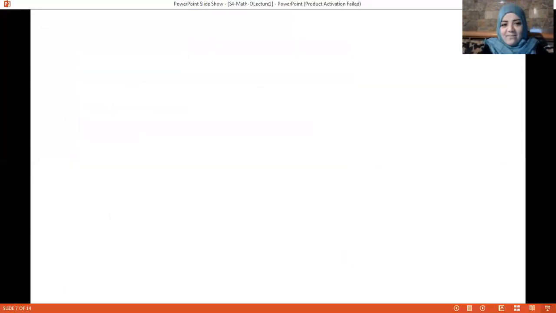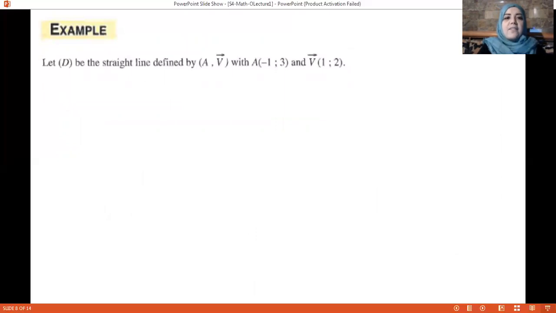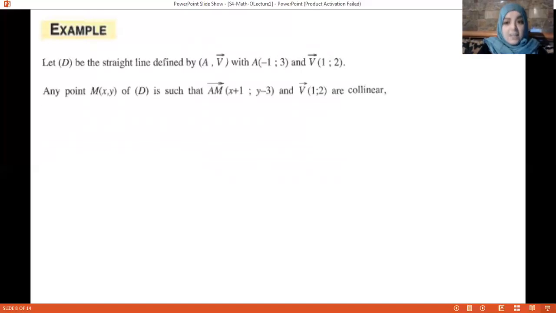Okay, let us take an example to make things easier for you. I have a straight line D, and I know that A belongs to the straight line, and I have a directing vector V that has components 1 and 2. So as I told you, you create any point M, I don't know its coordinates, and I create the vectors AM and V. It's very easy.